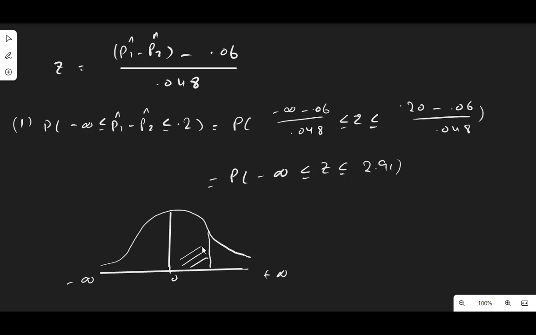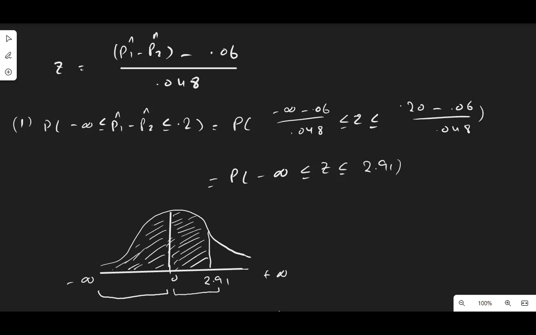You need this area plus this area, and this area can be calculated as the area up to 2.91 plus the half area.